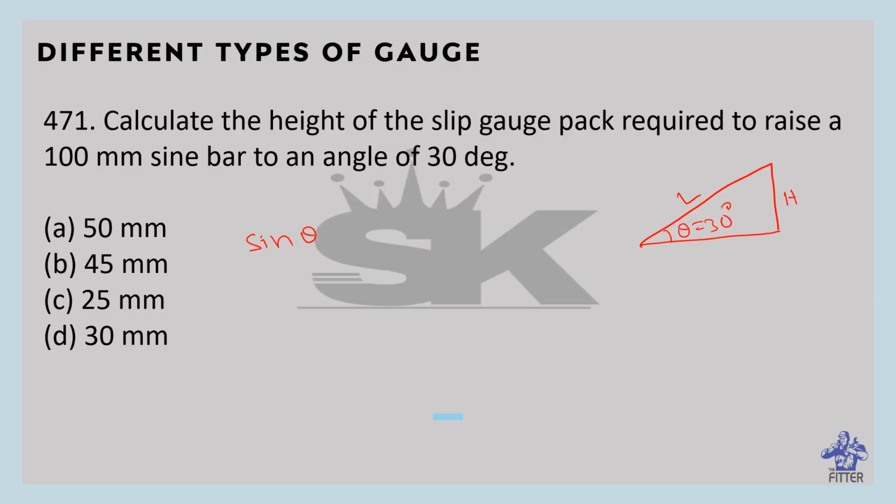Sine theta equals H upon L. Here we have to find H, that is L sine theta. L is how much? 100 into 1 by 2, because sine 30 is 1 by 2. That equals 50 mm. Height equals 50 mm.